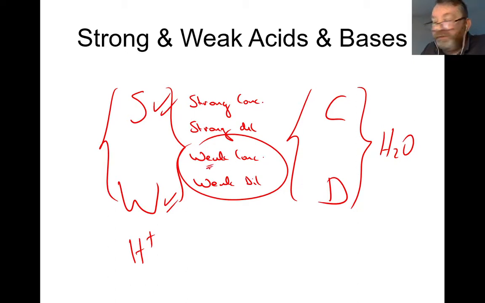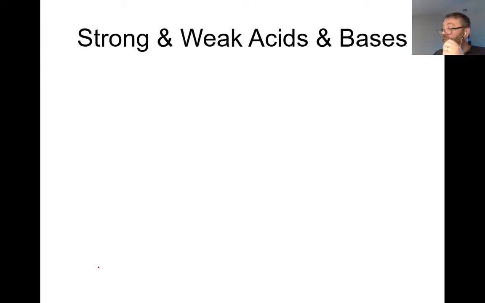This one is a bad proton donor with no water or very little water. This one is a bad proton donor with a lot of water. Good proton donor with little water, good proton donor with a lot of water. Okay, so just keep that in mind, that strong and weak are not the same as concentrated and dilute. They are very different, and you do need to know the difference between them.